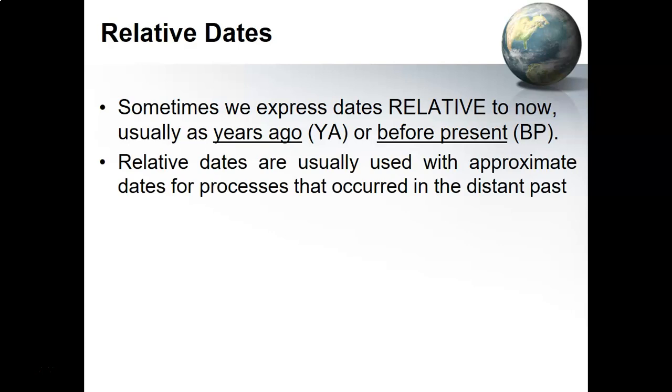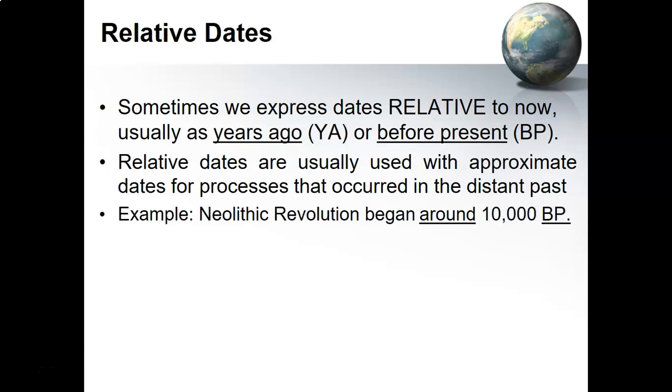We do this typically for processes that occurred in the distant past, like a long time ago. It doesn't matter what the date was necessarily. It's important to know how much further from now in the past it was.